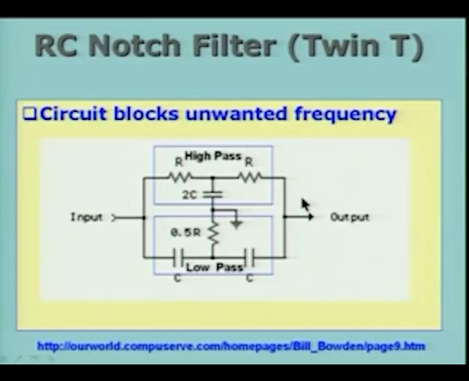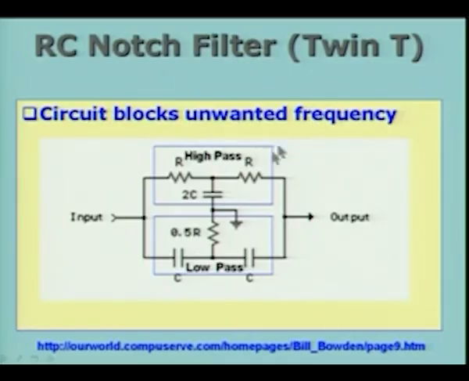So, in the case of a high pass filter, the high frequency will pass through and low frequency will be bypassed and go to the ground. That means that what is going to come out is only the high frequency signal and low frequency will be filtered out. In this case, what I have done is I have taken what is called an RC notch filter.